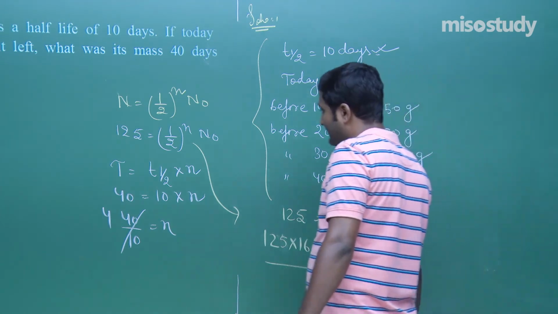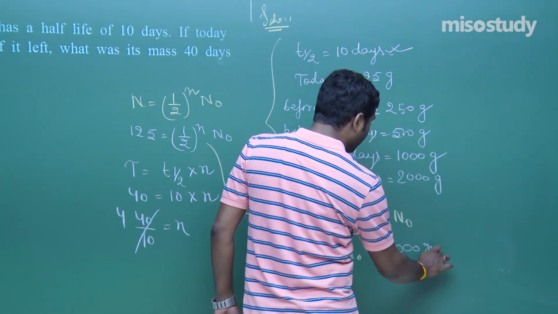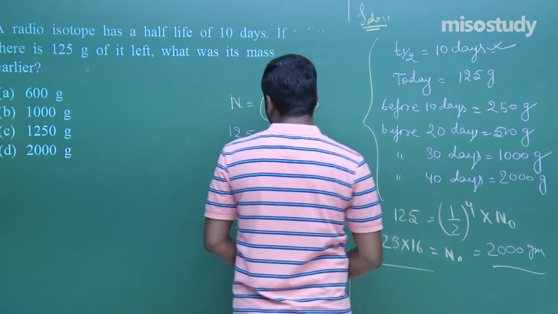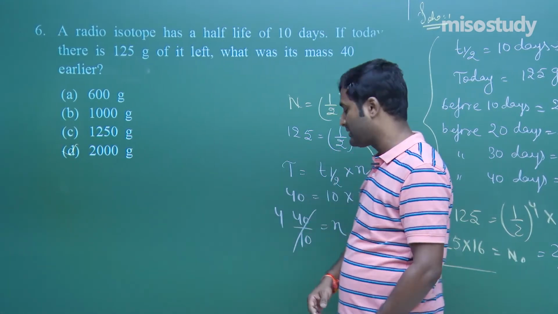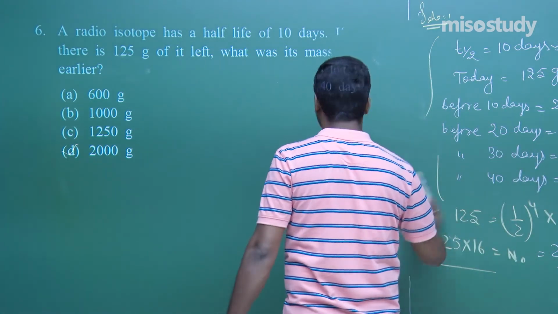So the answer in this case is also 2000 gram. Whatever the technique, you can get the answer. For question number 6, the answer is 2000 gram.